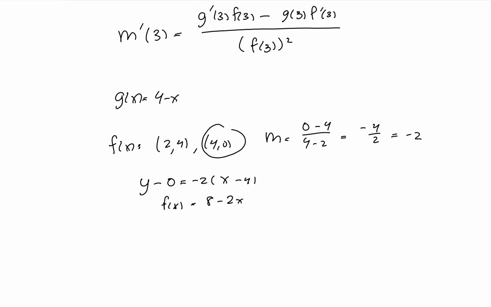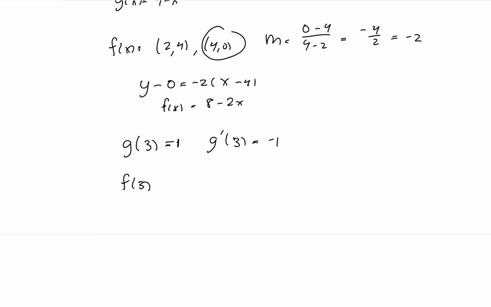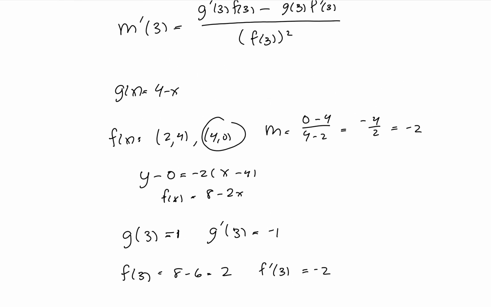And so now we can fill everything we need in. So g of 3 is 4 minus 3, which is 1. We know g prime is always minus 1. f of 3 is 8 minus 6, which is 2, and f prime of 3 is negative 2. So now we can fill this in above.